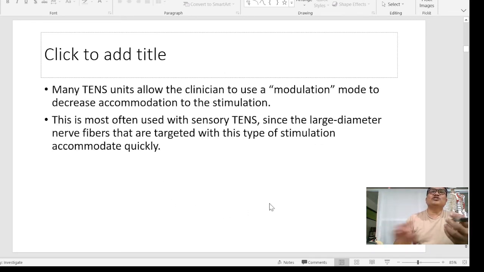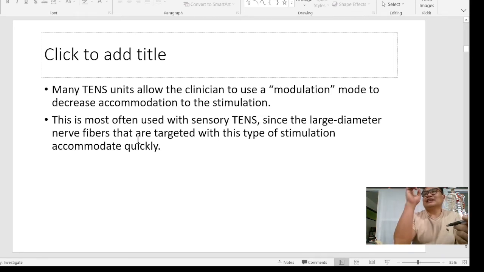So many TENS units allow the clinician to use a modulation mode to decrease accommodation to the stimulation. This is most often used in sensory TENS since the large diameter nerve fibers targeted with this type of stimulation accommodate quickly. So, ginamodulate nila.